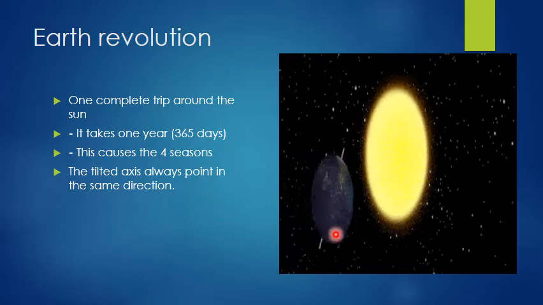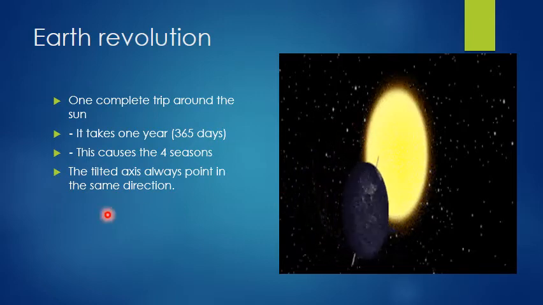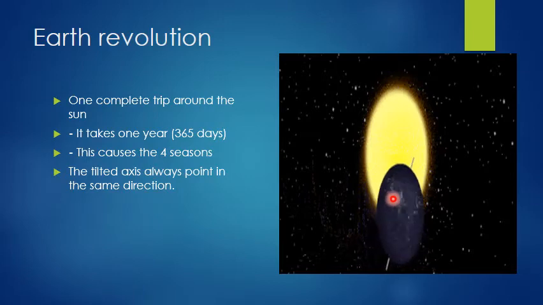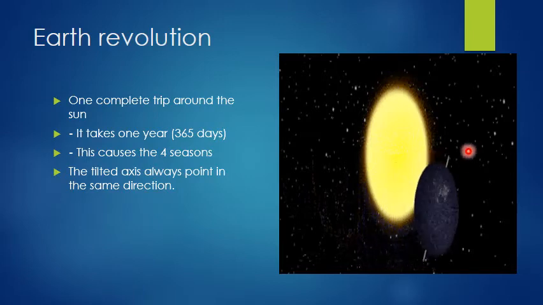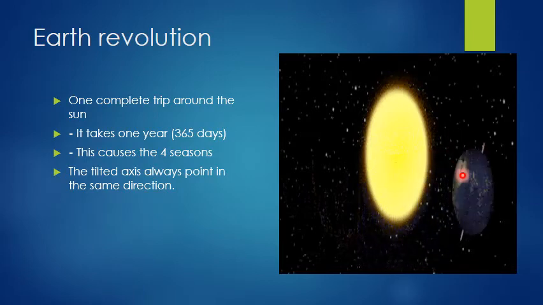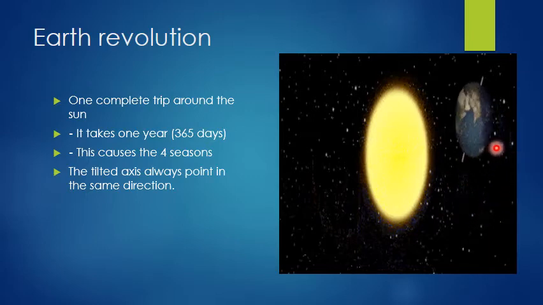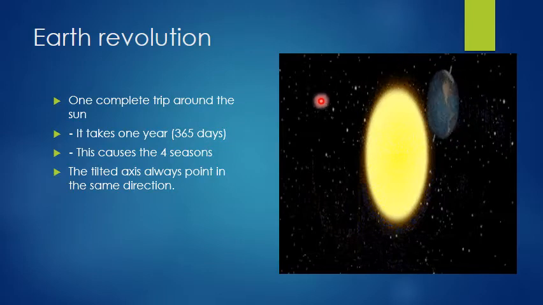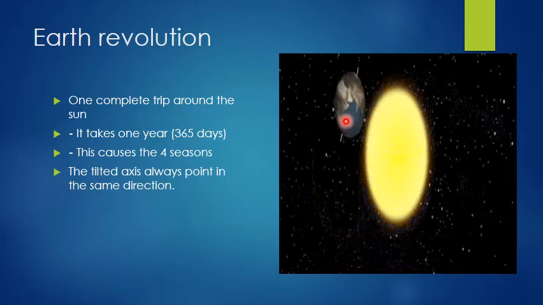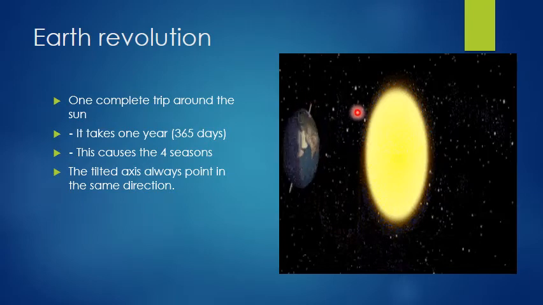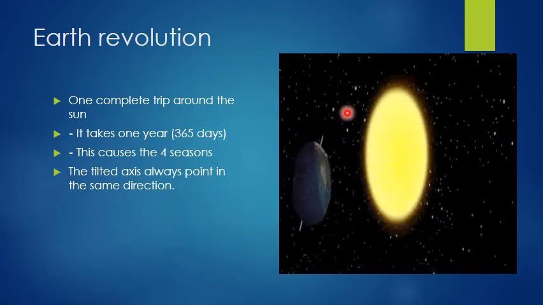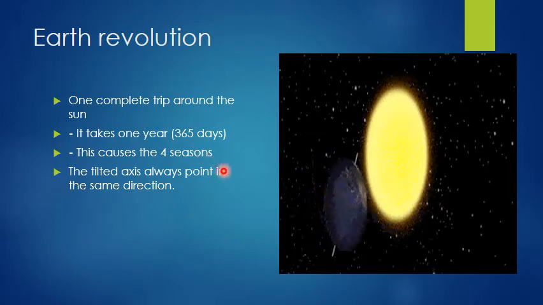It is a little bit tilted, and this is what makes some areas of the Earth closer to the sun, and other areas away from the sun. And then when it reaches the other side of the sun, you will find that the bottom part will come closer to the sun, and the upper part will get away from the sun.